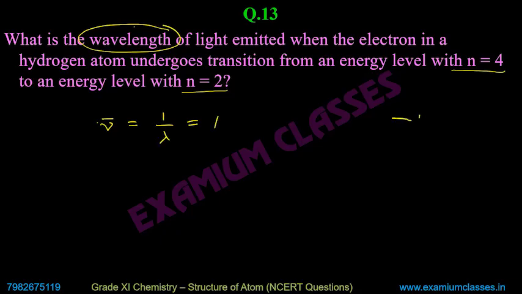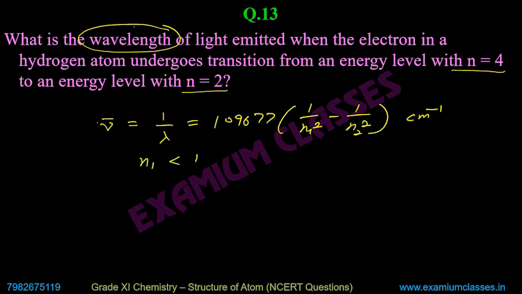If you write in per centimeter, then it will be 109677 times 1 by n1 square minus 1 by n2 square. And n1 is always in this case less than n2 in case of wave number. Means n1 will be 2, n2 will be 4.